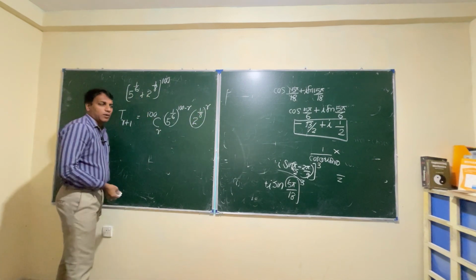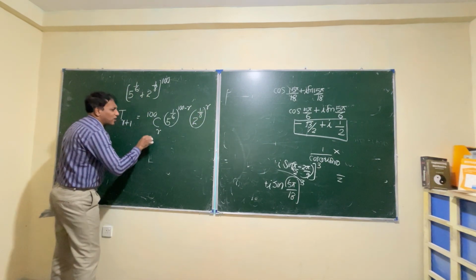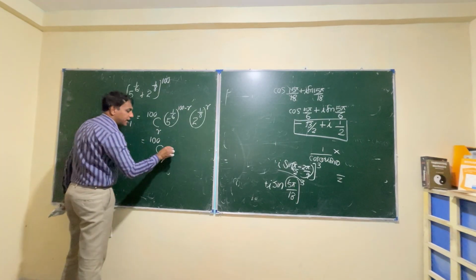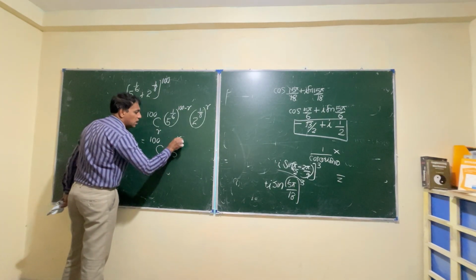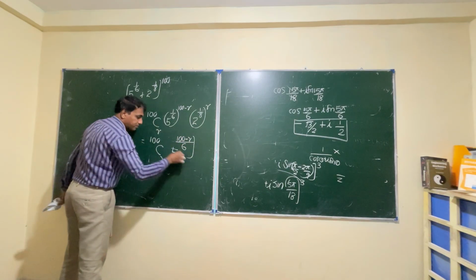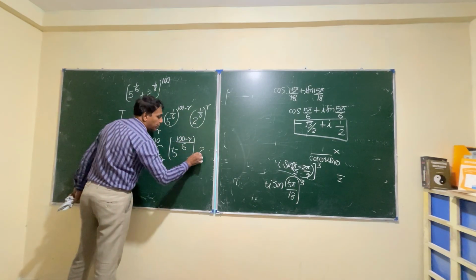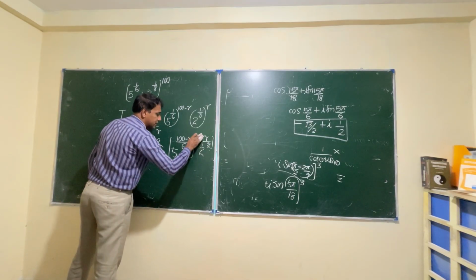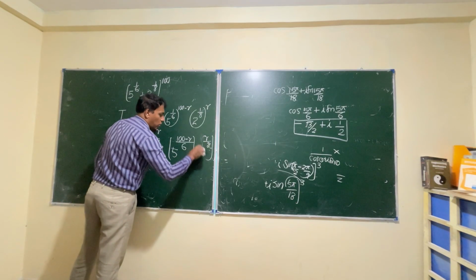Or if I simplify, the general term is 100 C r, 5 to the power (100 minus r) over 6, 2 to the power r over 8. That's all, students. That's the case. Okay.